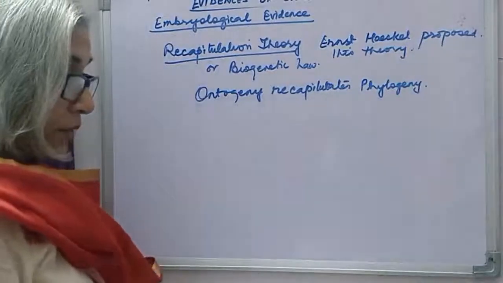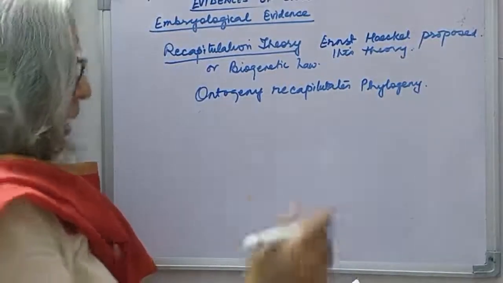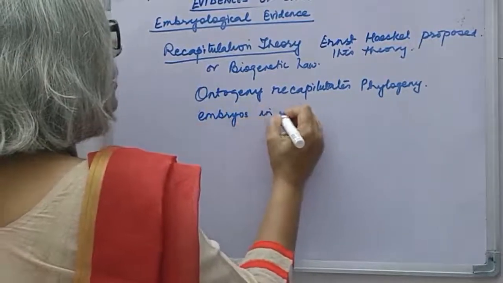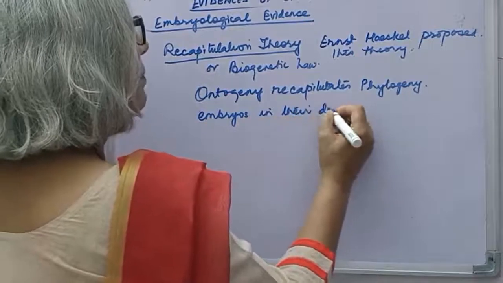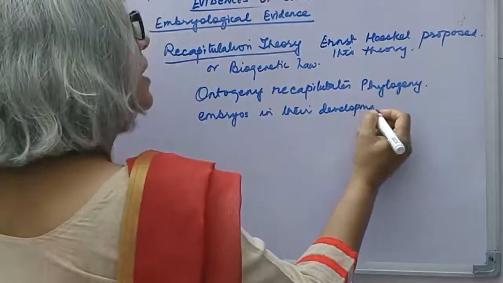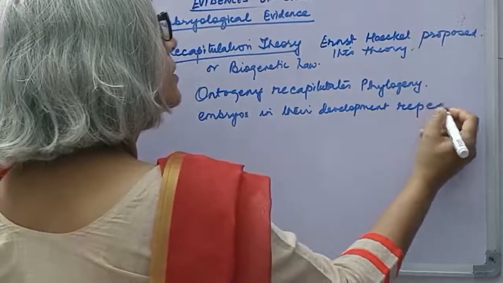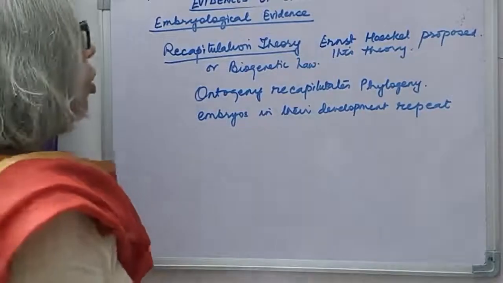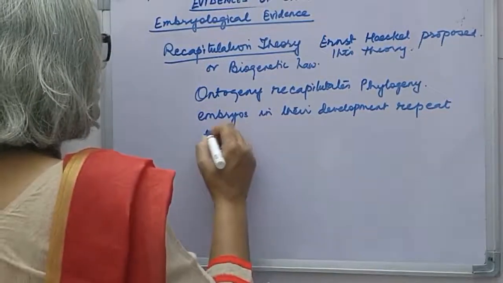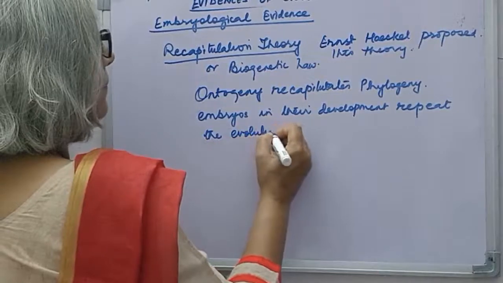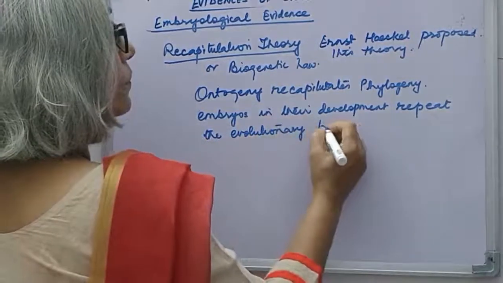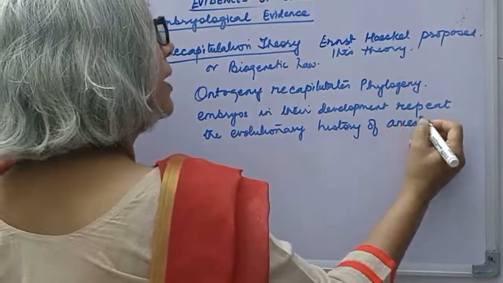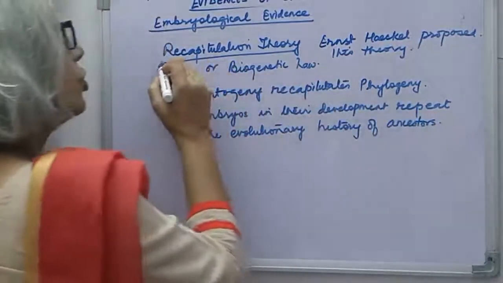Which means, as I just told you, that embryos in their development repeat the evolutionary history of their ancestors. This is what is meant by recapitulation theory.